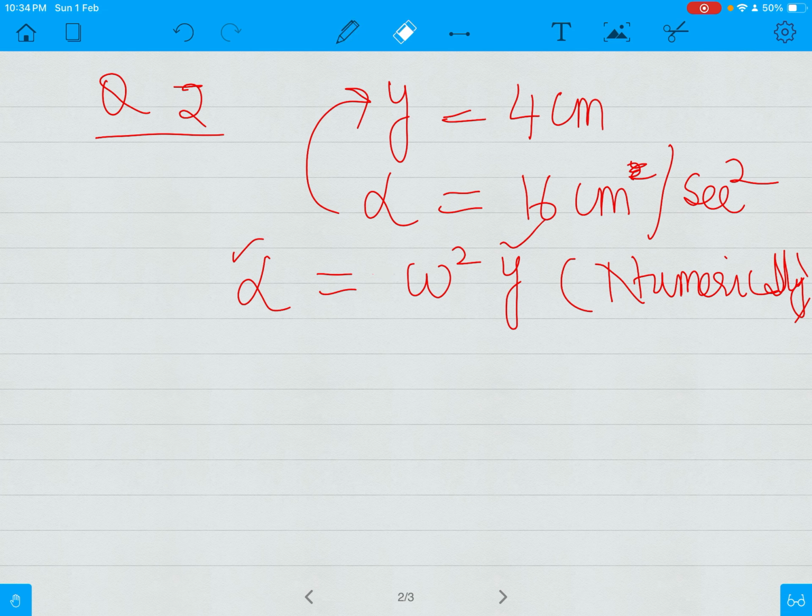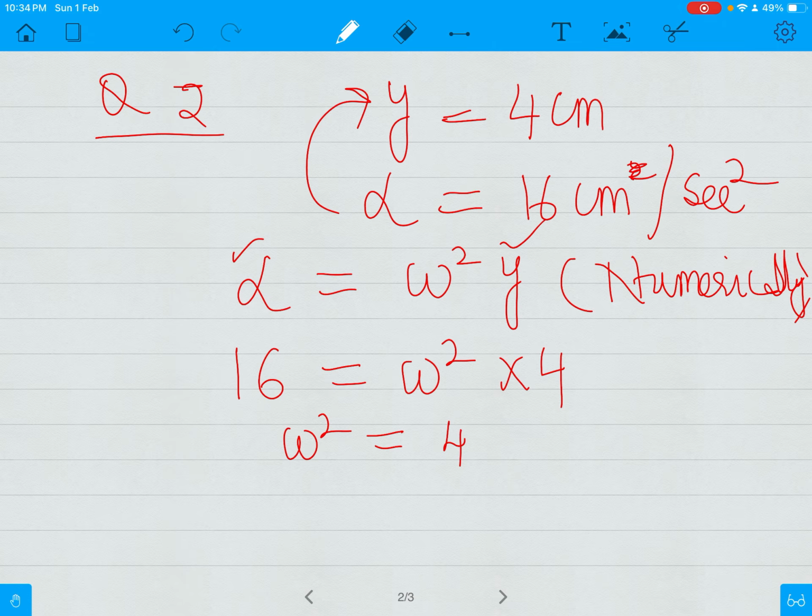So the minus sign we will not keep in calculations. So 16 equals omega square into 4. So what will be omega square? It will be 4, meaning omega equals 2 radian per second.